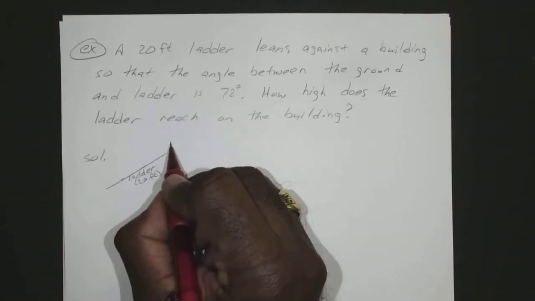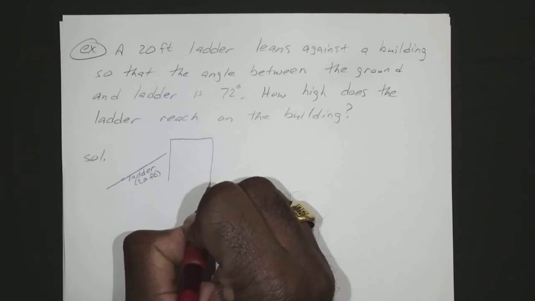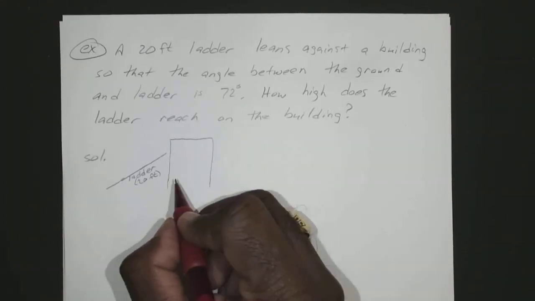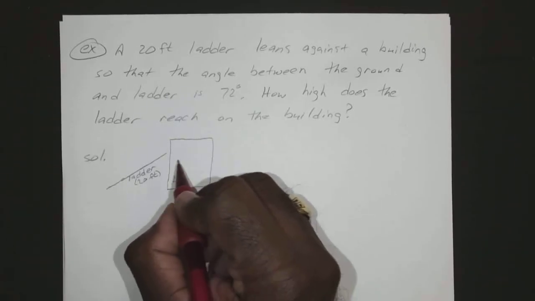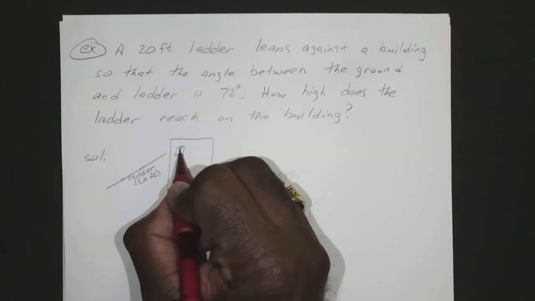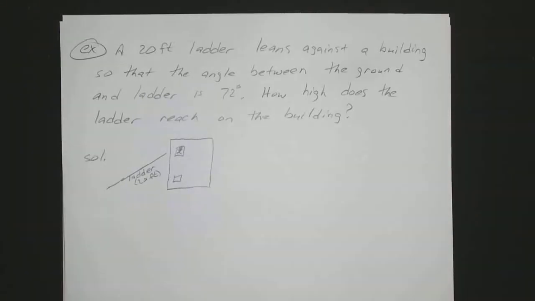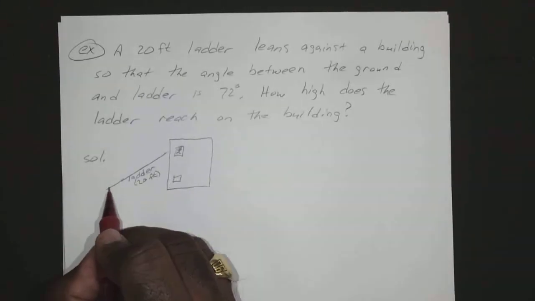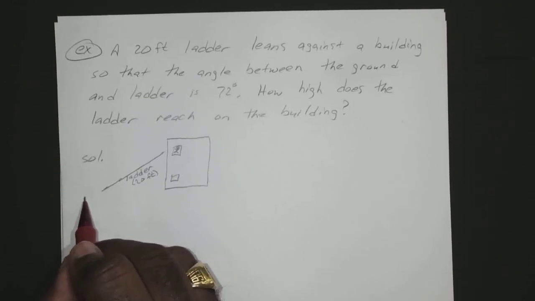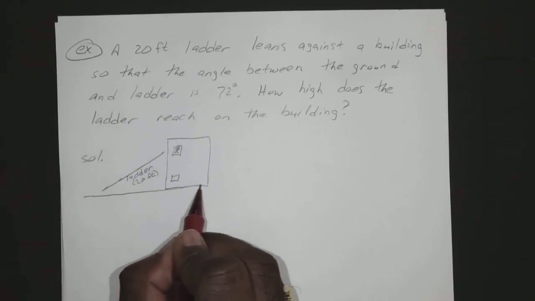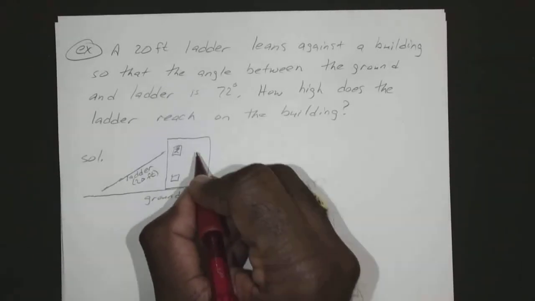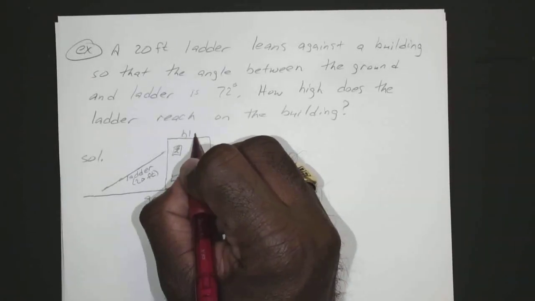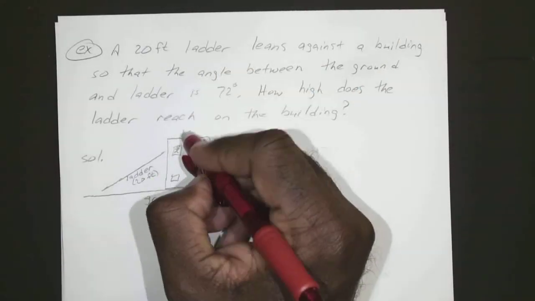And let's say this is our building. A little person in the window, just for fun. So we have our ladder, we have our building, and this is the ground. I'll abbreviate building.